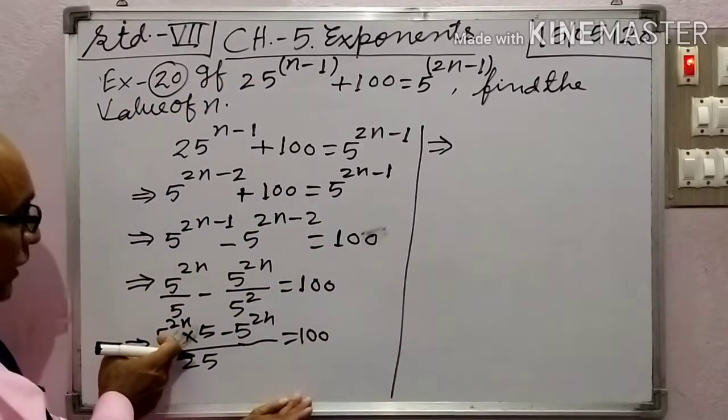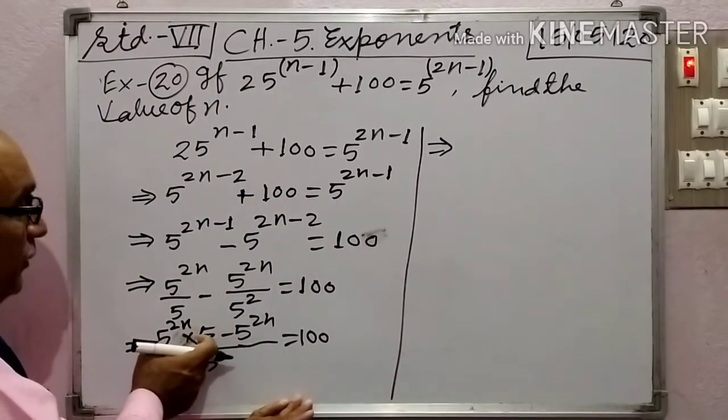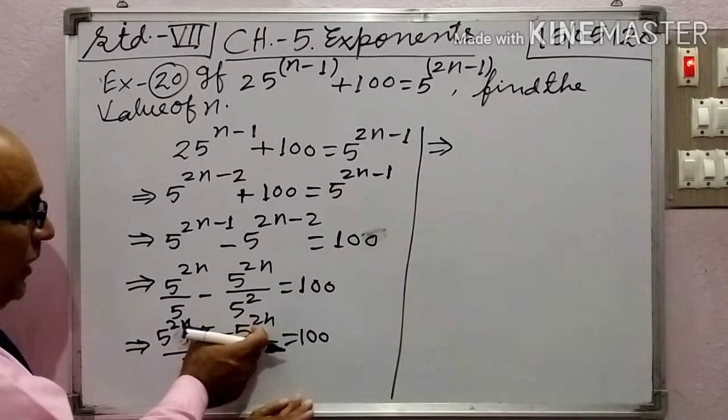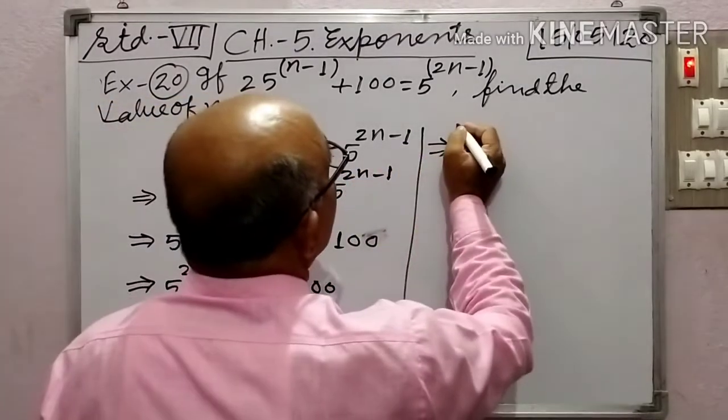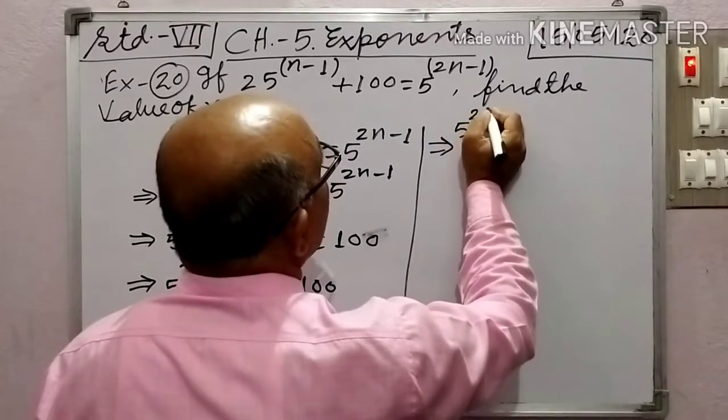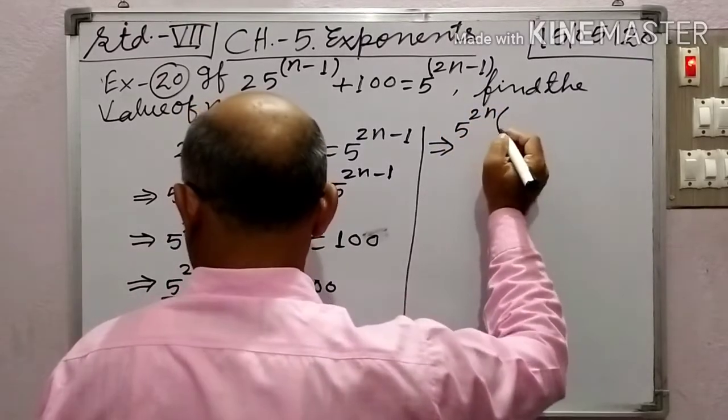Here 5 to the power 2n into 5 minus 5 to the power 2n, so 5 to the power 2n is common.